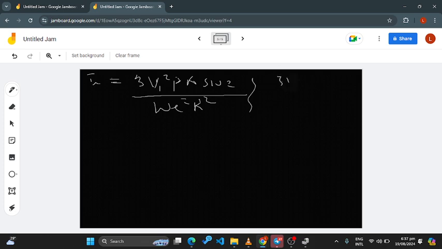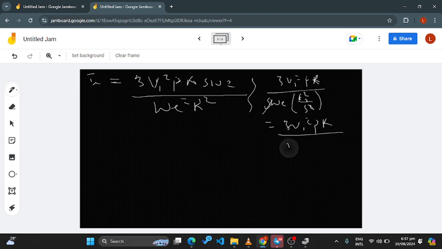So I have 3v1 squared p r divided by S omega E times r squared divided by S squared. So this should be equal to 3v1 squared times p times this r, all divided by omega E r squared on S, since this will cancel this.